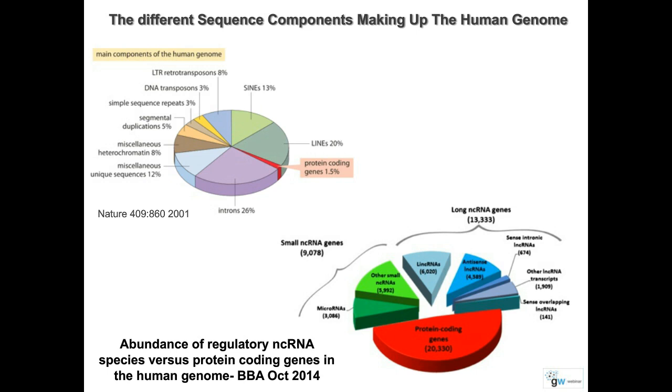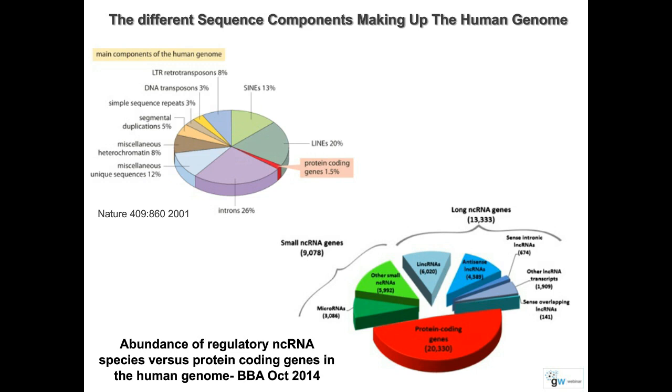the transcriptome sequencing in our whole genome. If you look at the different sequence components that make up the human genome, out of the 3 billion base pairs that constitute the human genome, the protein coding genes constitute only about 1.5% of the entire genome.